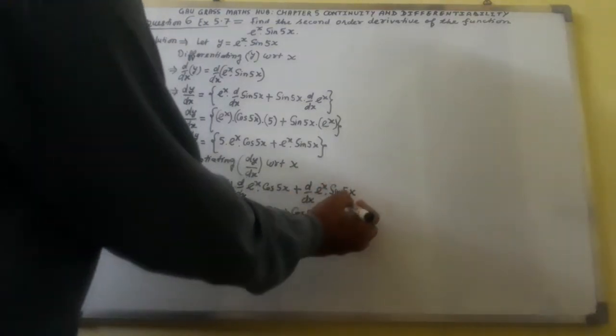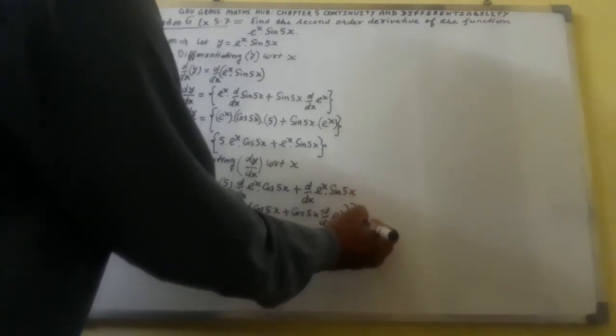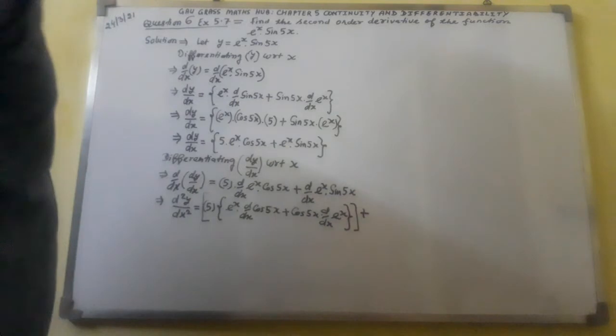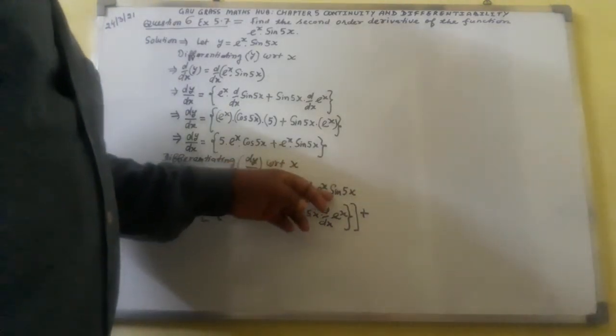Close this one by curly bracket. After that put here square bracket plus d over dx of e raised to power x dot sin 5x.